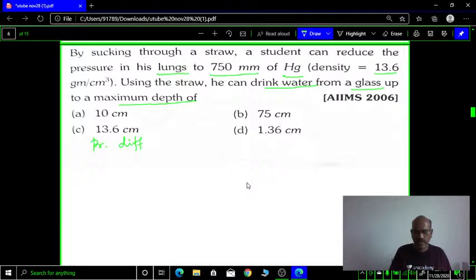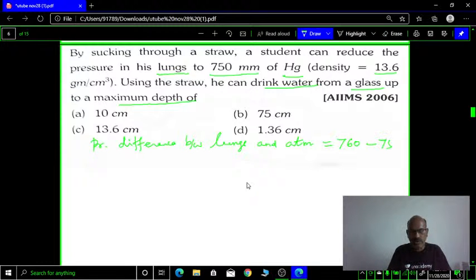That means, what is the pressure difference first? The pressure difference between the lungs and the atmosphere, the outside pressure and the lungs when you are sucking. That is, atmospheric pressure is, we know, 760 mm of Hg minus, when he sucked, his pressure is reduced to 750.